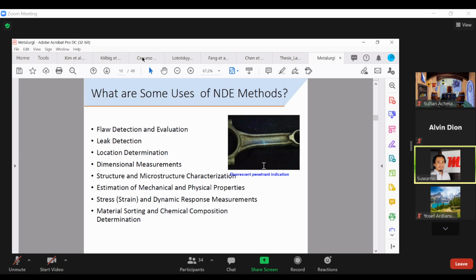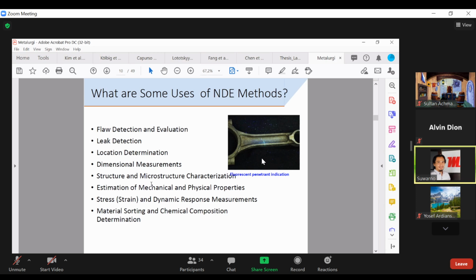What are examples of using NDT? For example, flaw detection. If you have production and you try to evaluate if there is any crack, and also leak detection, and also locating the crack. Sometimes it's also used to measure the dimension if there is any change in the dimension of your component.